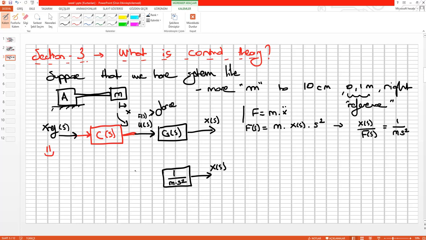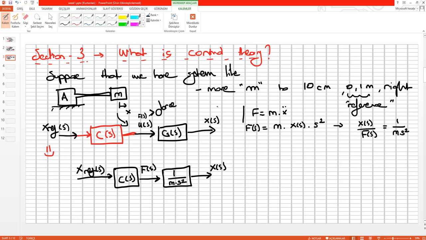So we also have F(s) here, and we also have the C(s) block, and this C(s) should be provided with the X reference values, right? So how can I drive the system to this position based on this information? We have the mathematical implementation of these terms, especially with the frequency domain approach.